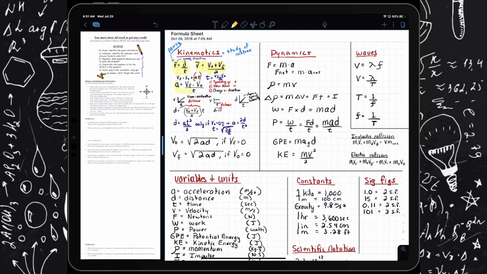We've looked at the acceleration formula. We have talked about how we can rearrange that formula to solve for the final velocity. We've even gone so far as to talk about some velocity time graphs and what the slope of that represents. We've talked about distance time graphs and what the slope represents.